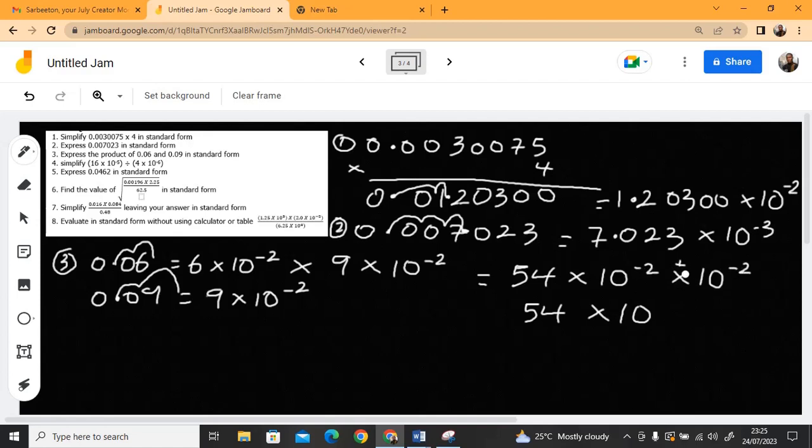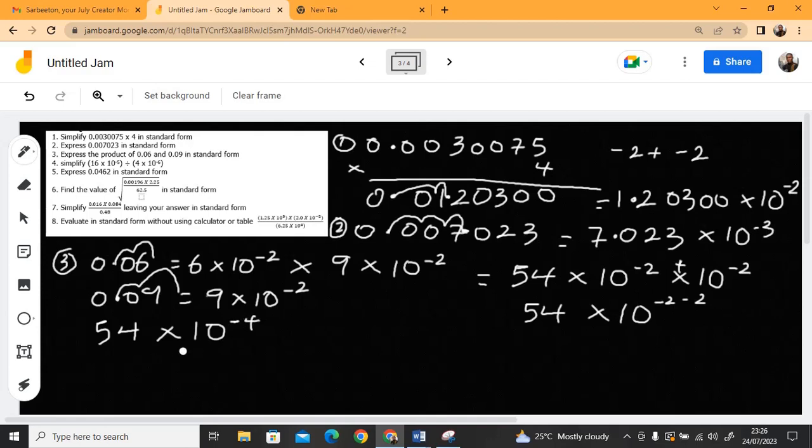Plus times minus is minus. So minus 2 minus 2 is minus 4. So here you have 54 times 10 raised to the power of minus 4.